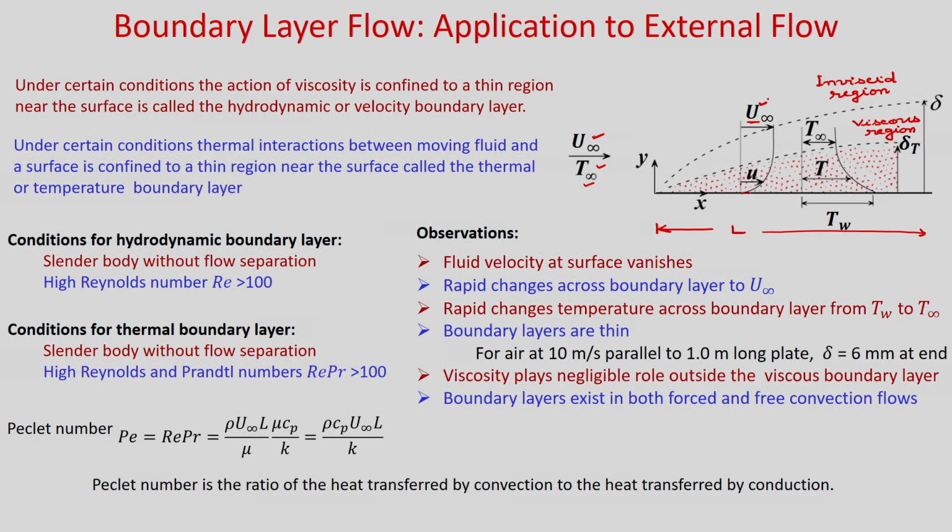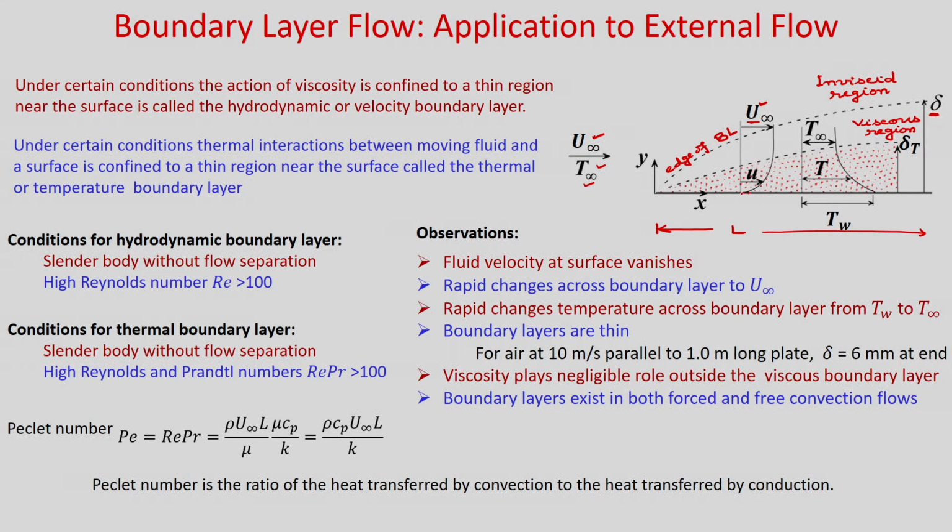Now, there is some region which is known as the boundary layer. Inside that you have the viscous region, and outside that you will have the inviscid region. If we consider that this is the edge of the boundary layer, then the normal distance from the flat plate to the edge is known as the hydrodynamic boundary layer thickness, denoted by delta.